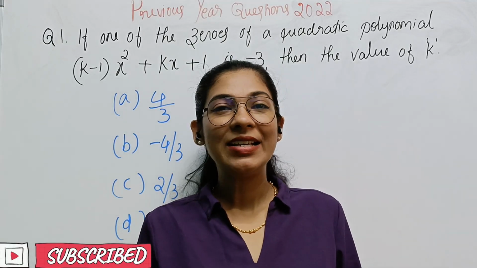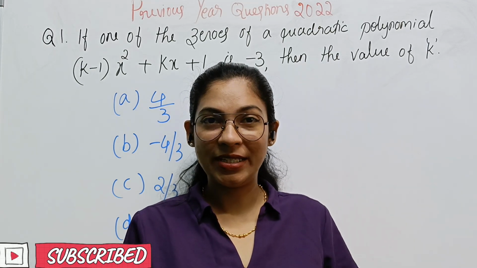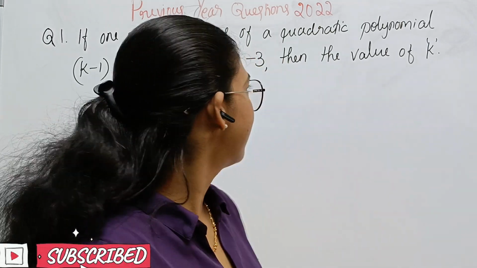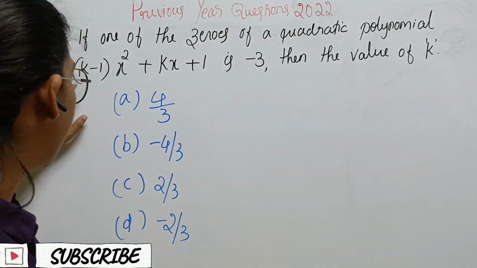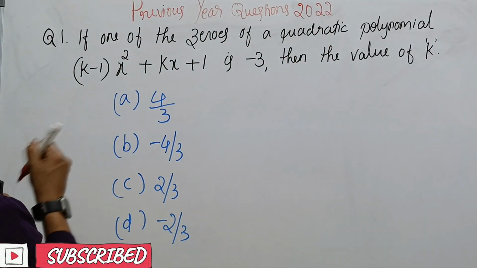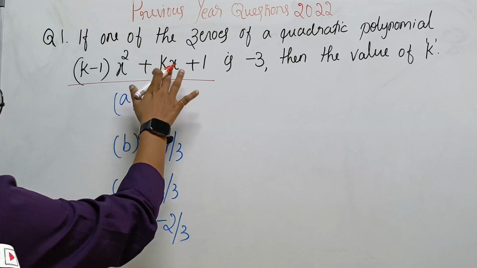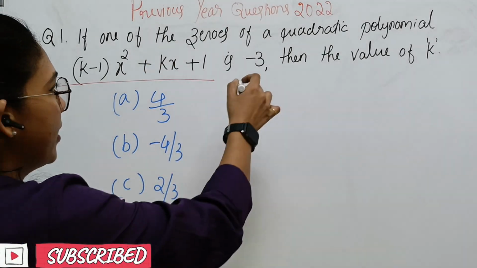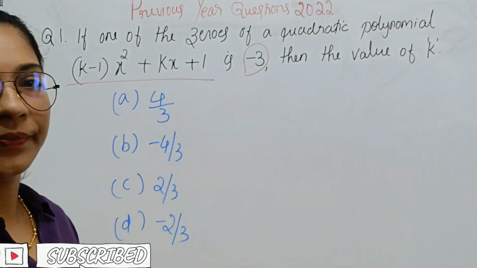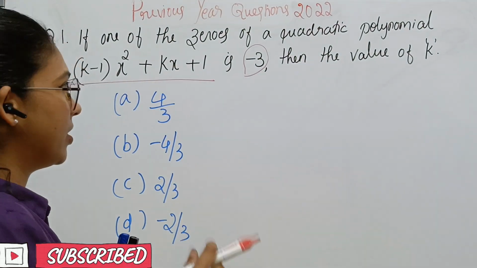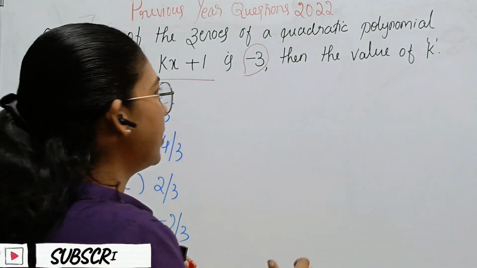Now let's discuss PYQ 2022, and the first question is, if one of the zeros of the quadratic polynomial k minus 1 into x square plus kx plus 1 is minus 3, then find the value of k, which is the same as the previous one.